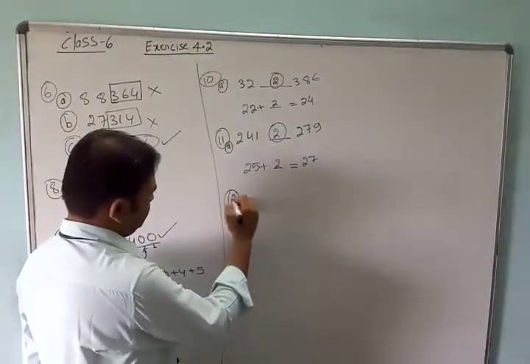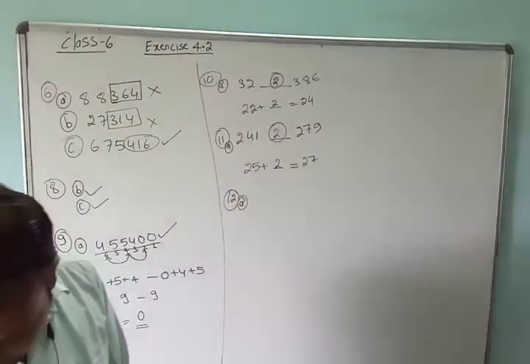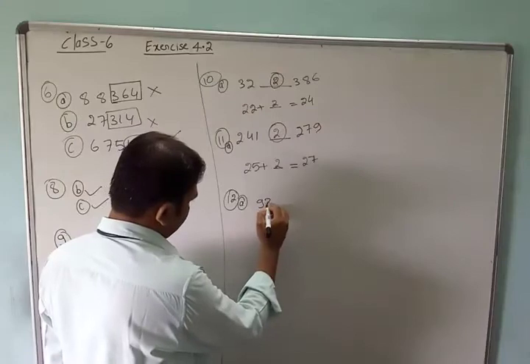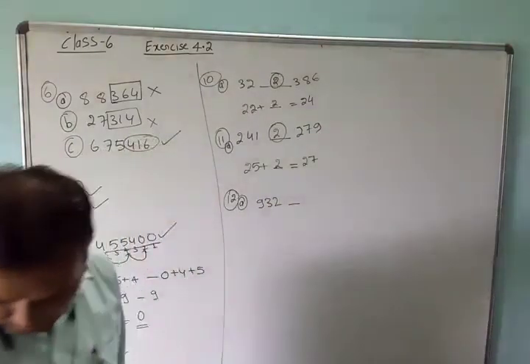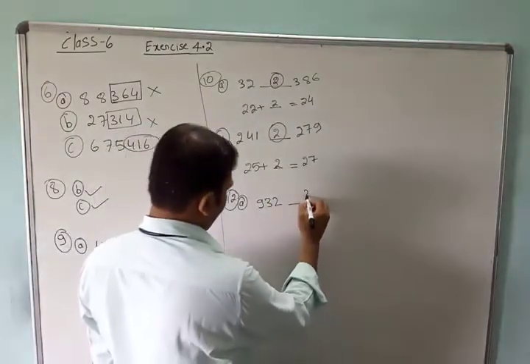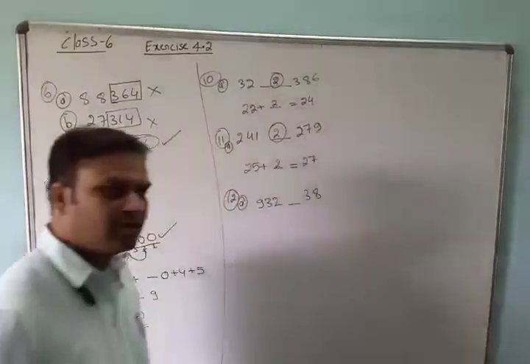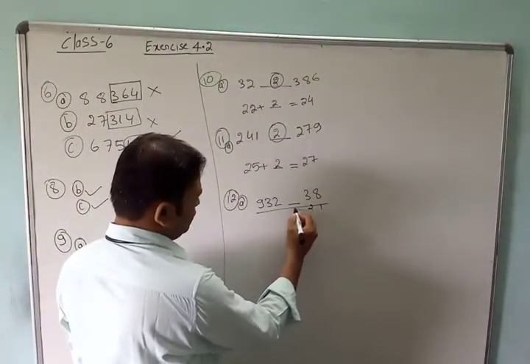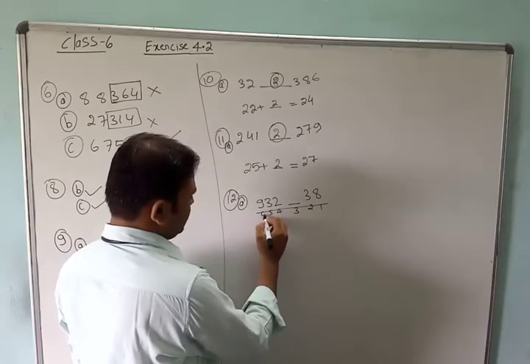12. We have to check the number by 11. For 11, again numbering 1 2 3 4 5 6.